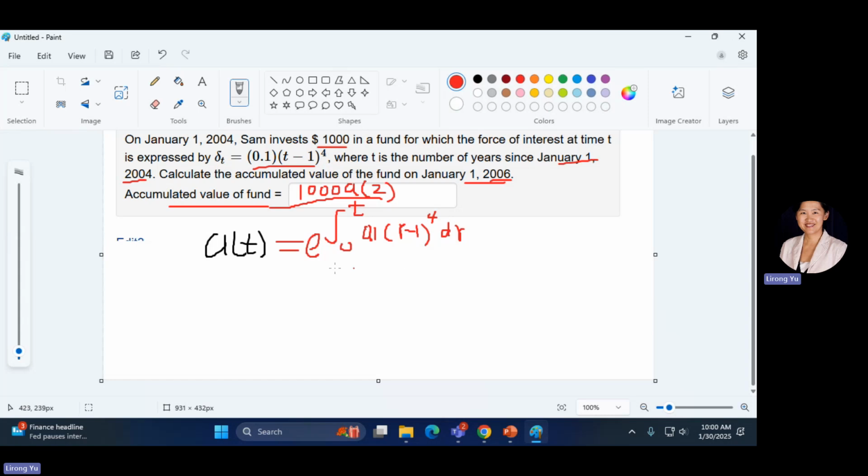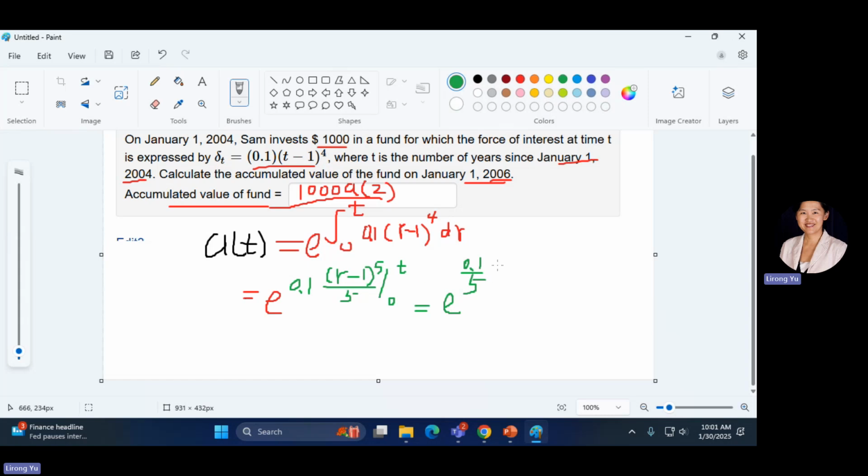So AT is equal to e to the integration of. It's a power function. The antiderivative of a power function is also a power function. So the antiderivative is 0.1, power 4 after integration should be power 5 over 5. And we put in the integration limits 0 and t in here. So this is e to the 0.1 over 5.